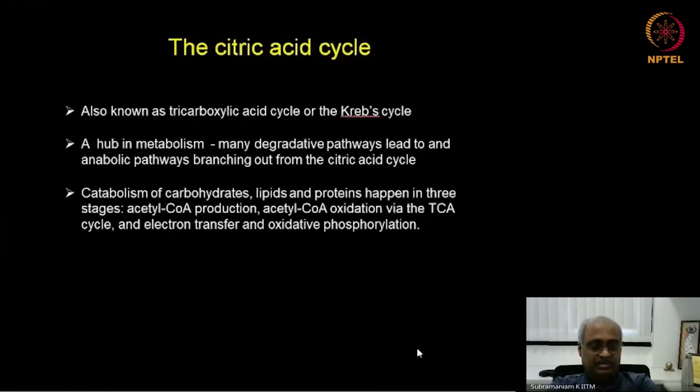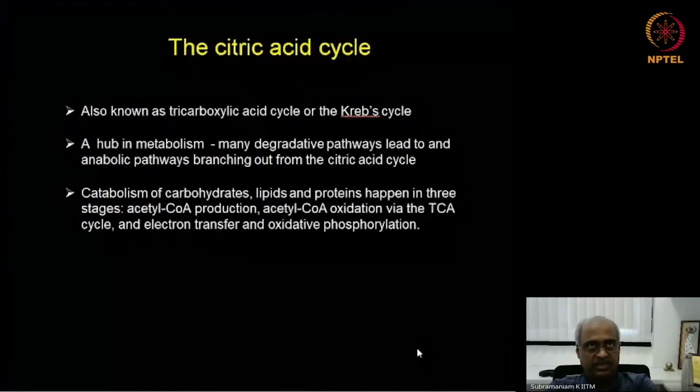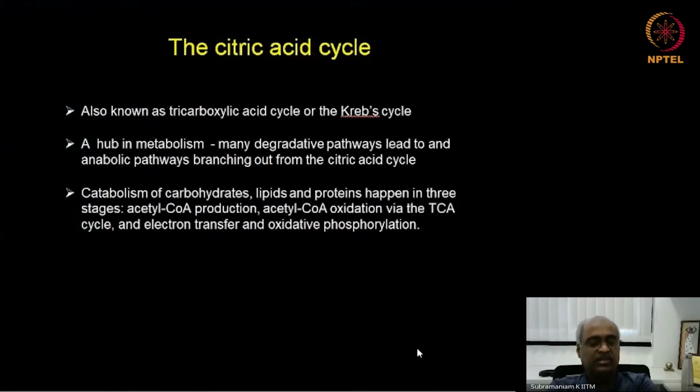We saw pyruvate formation via glycolysis. Then we also saw the fates of pyruvate. For example, in our muscles under anaerobic conditions, it will be reduced to lactate by lactate dehydrogenase. And in yeast, pyruvate decarboxylase and alcohol dehydrogenase will produce ethanol.